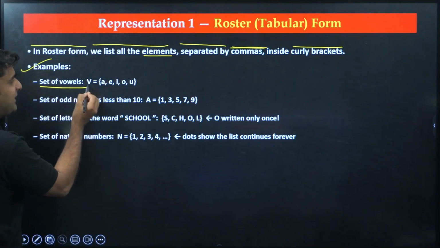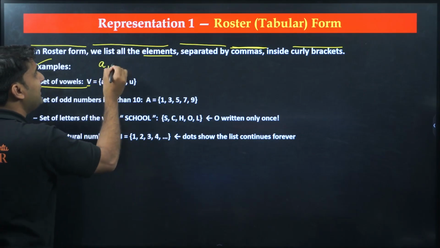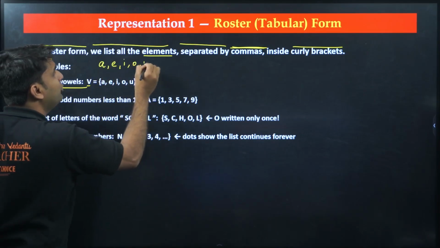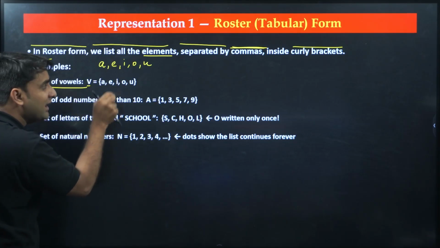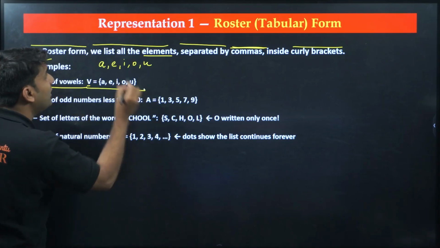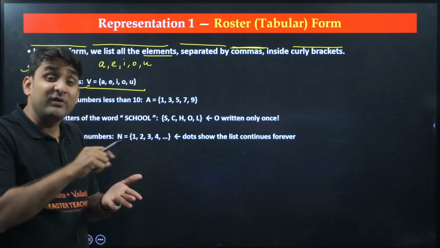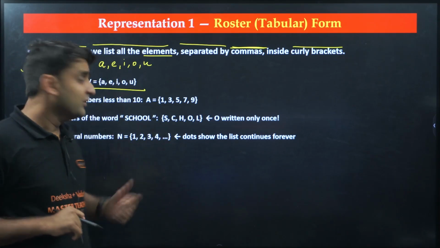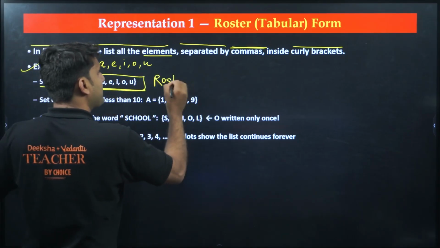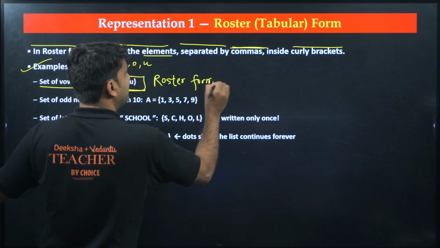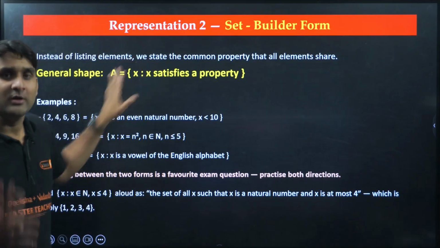For vowels, I'm taking the set name V in curly brackets, and we all know the vowels are A, E, I, O, U, with commas between each vowel: A, comma, E, comma, I, comma, O, comma, U. This is called roster form, when we represent a set using commas between each element inside the curly brackets. Which form, champion? Roster form. We have one more form, set builder form, which I'm going to teach you next, but have patience.